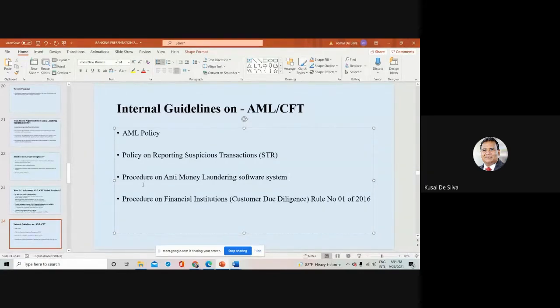I have mentioned the internal procedure of my bank, but this is a common thing. A procedure on the anti-money laundering software system has to be there.